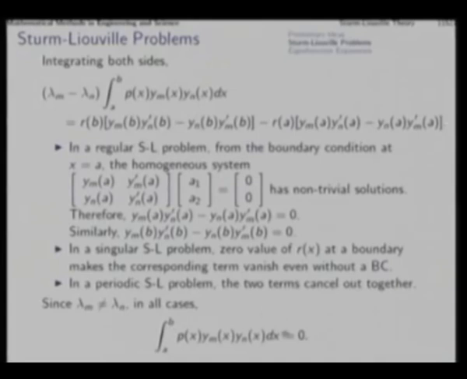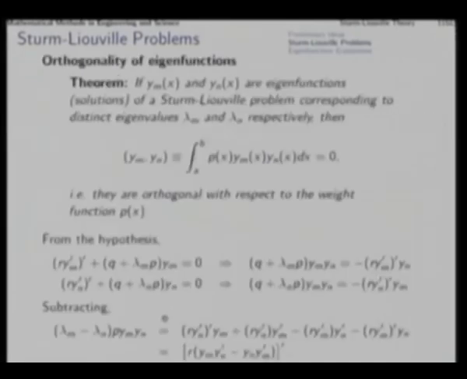So we find this, and this shows us that ym and yn are orthogonal functions with respect to the weight function px over this interval, and that shows that if we take two eigenfunctions, two solutions of the Sturm-Liouville problem corresponding to distinct eigenvalues, then they must be orthogonal to each other.